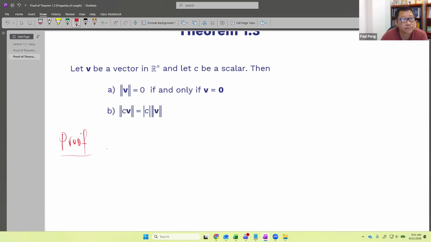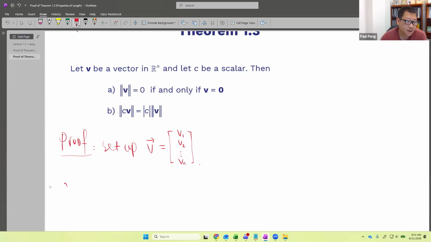Let's give a proof. Let's set up the vector v as v1, v2, to vn.